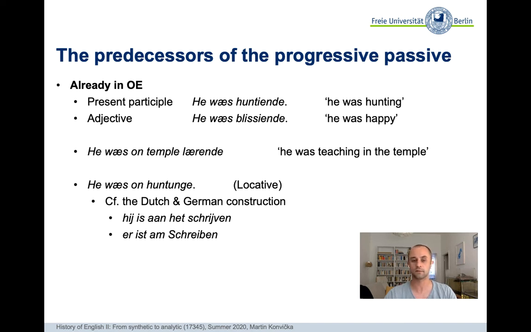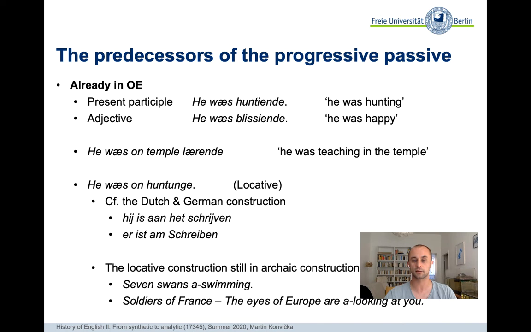And we actually find similar remnants of this Old English locative progressive construction in present-day English as well. This is this very archaic construction with an a prefix on verbs, right? So, for example, from this Christmas carol, seven swans are swimming.